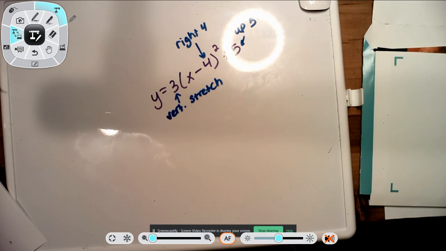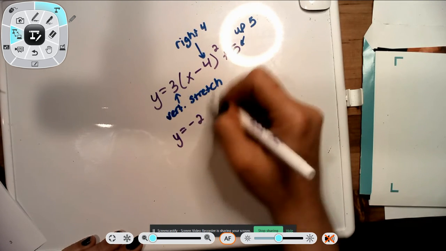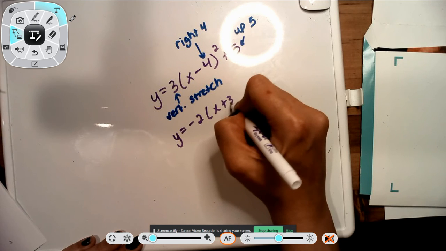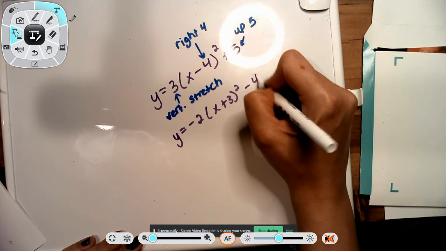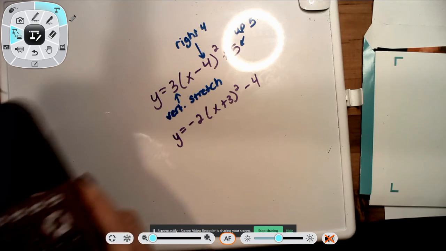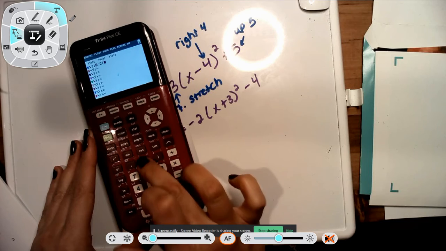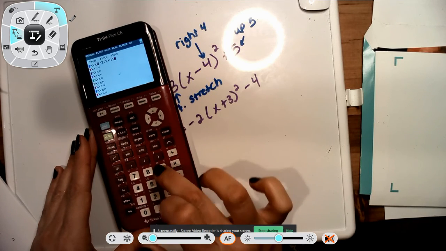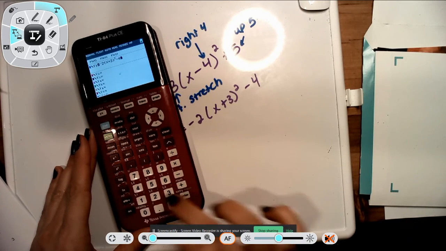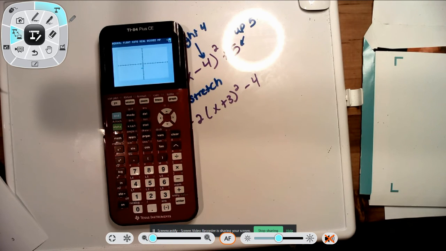Now, the other thing I want to point out about your a value is that if I end up with a negative value, okay, so let's say it comes out to be like this. If I end up with a negative value, I'm going to show you what that looks like on the calculator. So I type in negative 2 times (x plus 3) squared minus 4. So if you look at your graph, this is what it's actually going to look like.